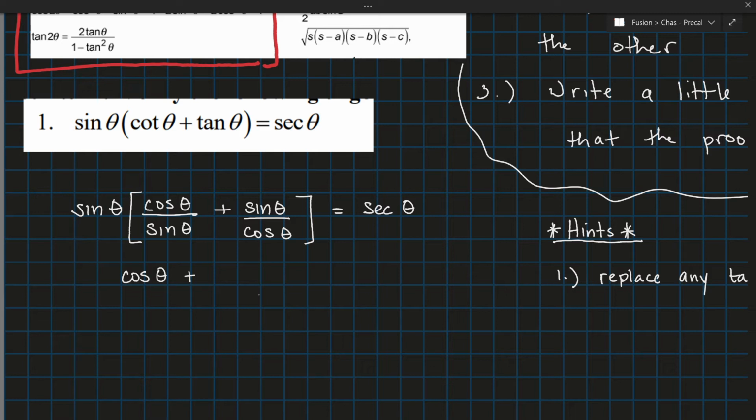You could do that. That would be valid. But I will say that typically making it to where you have different arguments, it's not going to help you. Got it. So if we just multiply it out, we have, like you said, sine squared over cosine theta. And then we have secant theta.